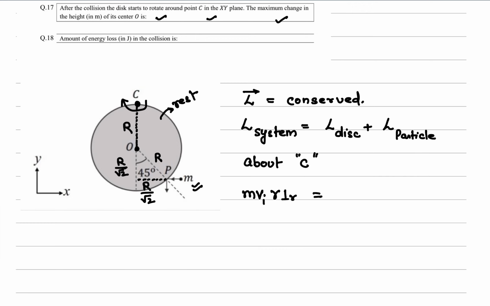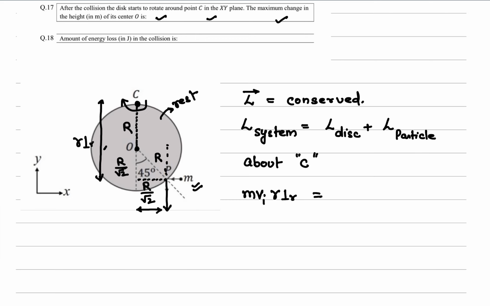After that, the particle goes in this direction, so we have to take the r perpendicular for that. Initially, we take it from the axis. This is the first r perpendicular which we have to take.